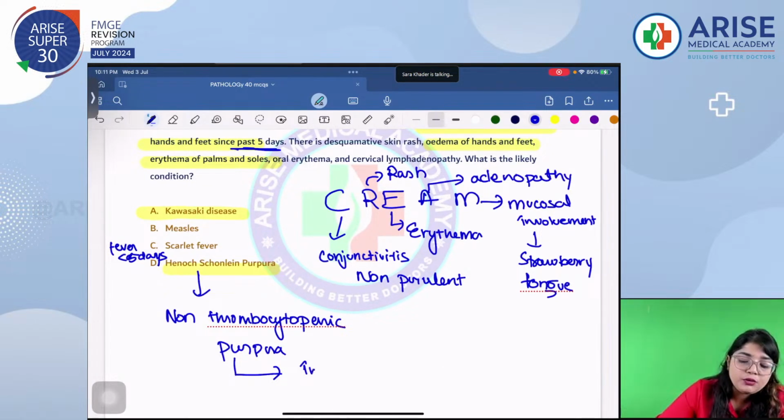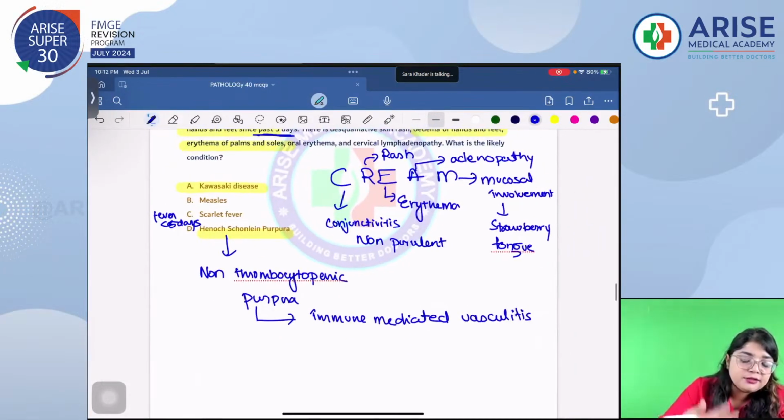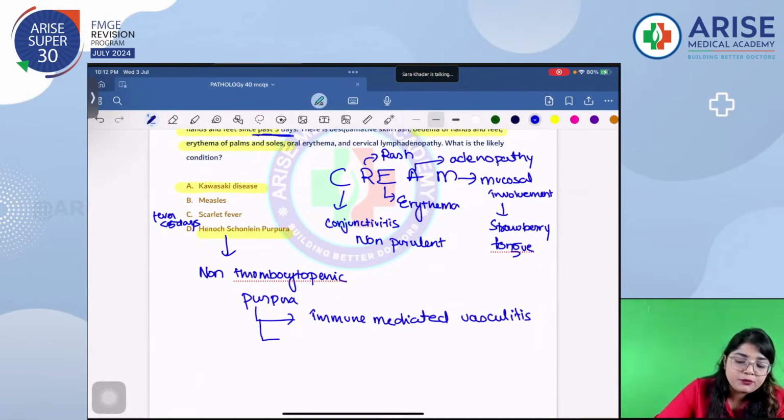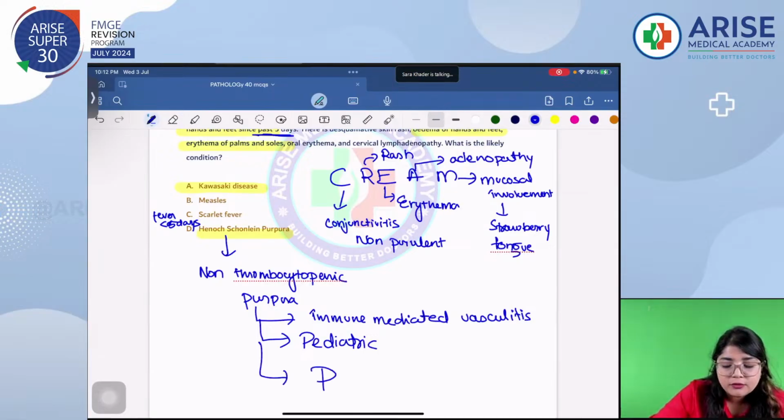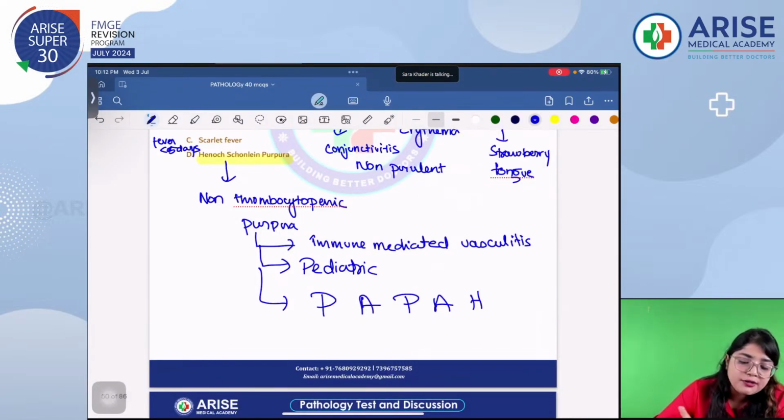It is an immune mediated vasculitis. Remember, your Henoch-Schönlein purpura happens in children, pediatric patients. So remember, these children will call their papa. So purpura, papa. Okay, Henoch-Schönlein purpura, papa.